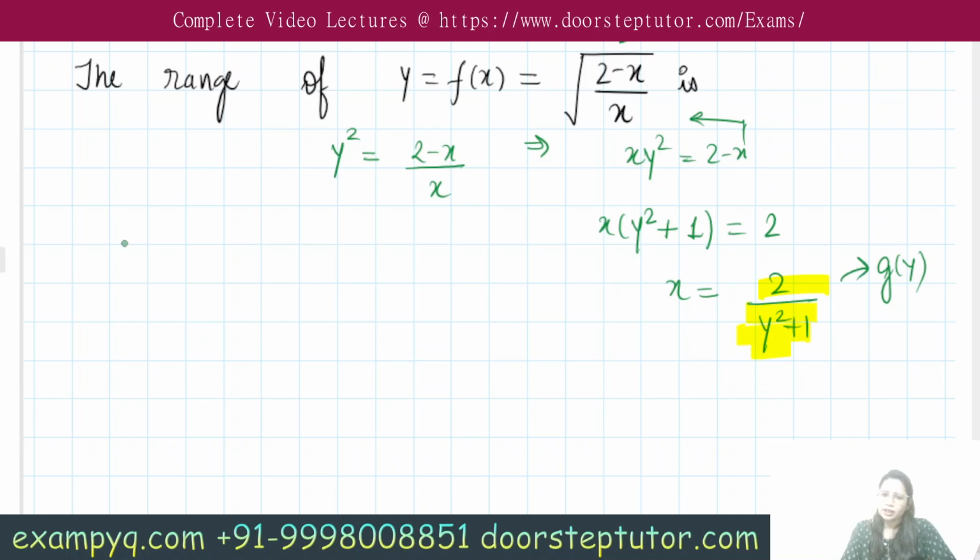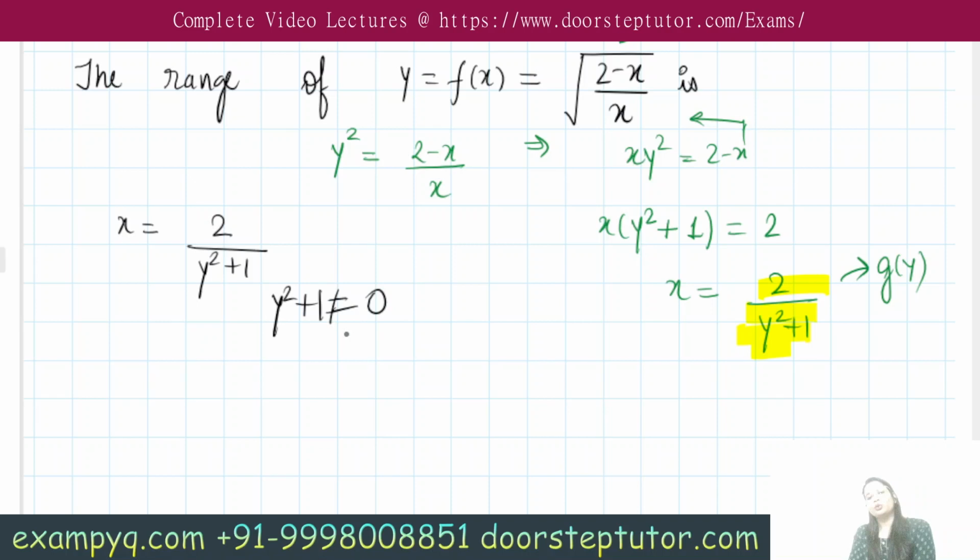Now what was the second step? The second step was to find out the domain of the function g. Now what will the domain of g be? First of all, it's a rational function, and this function is not defined when y square plus 1 equals 0, or basically its domain will be all y's except those which make the denominator 0.